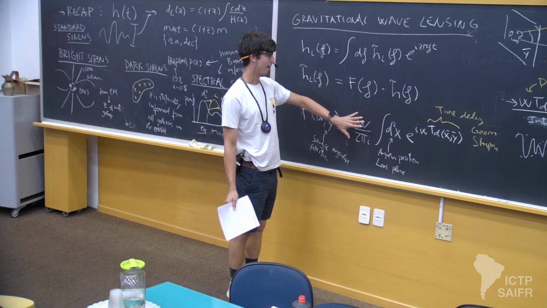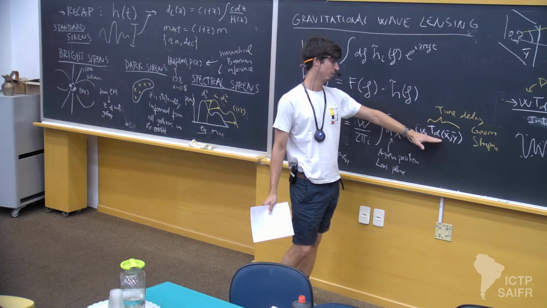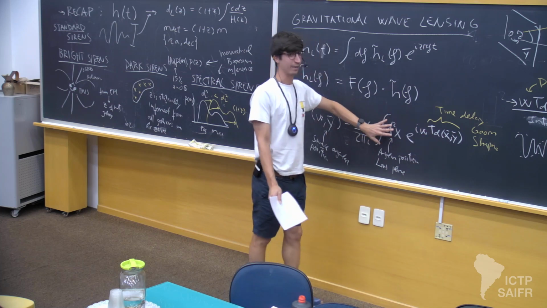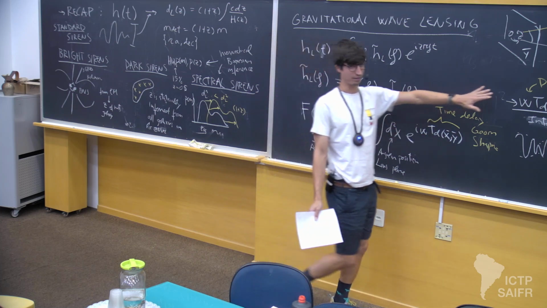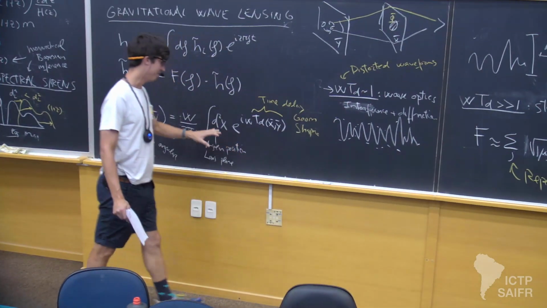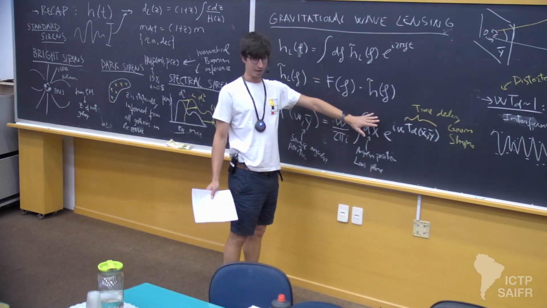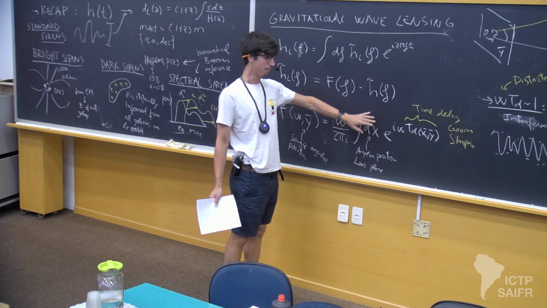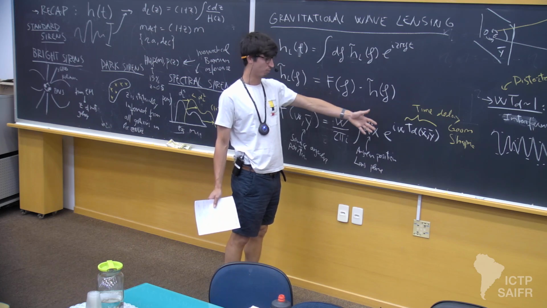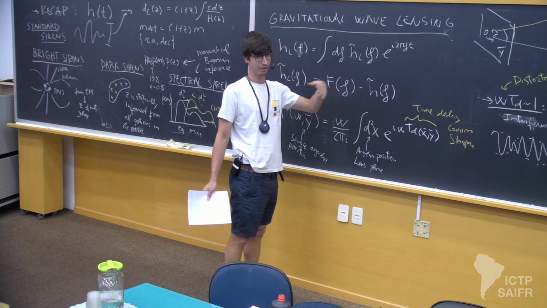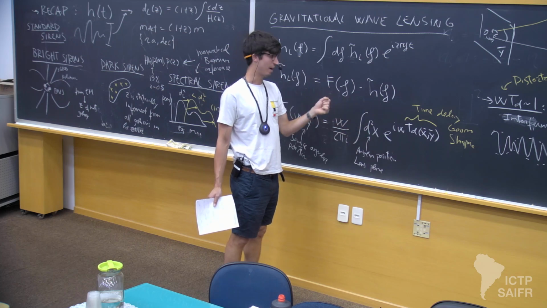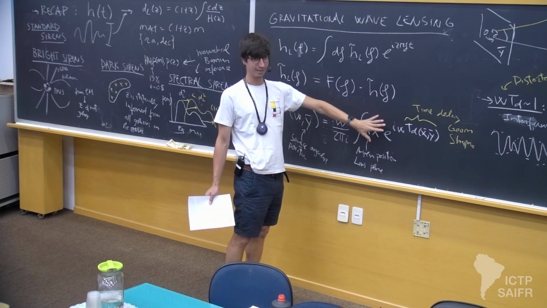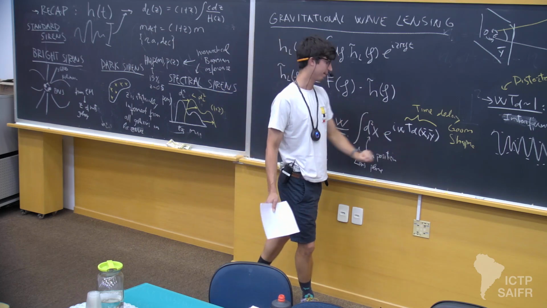And then here what happens is that you need to solve the integral. You cannot make the stationary phase approximation. We didn't go into the details of that, but essentially for simple lens models, actually only a few of them, such as a point mass, you can solve this analytically in terms of hypergeometric functions.